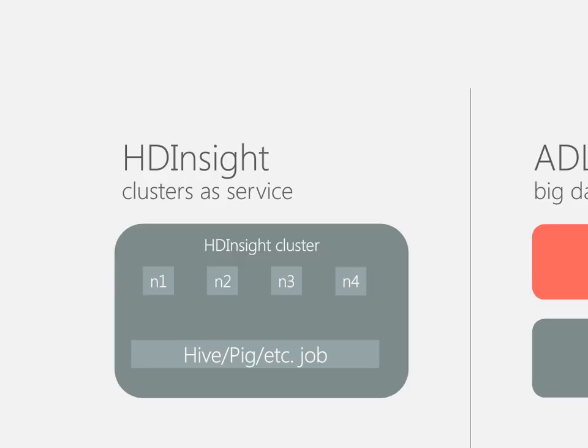Essentially it is a PaaS that lets your developers just execute queries without worrying about the underlying infrastructure of the complete Data Lake account. All you need to do is open your Visual Studio, execute a query, get the job done, right? And of course, you can also run Hive at this moment, but not Pig, which is currently in the pipeline.